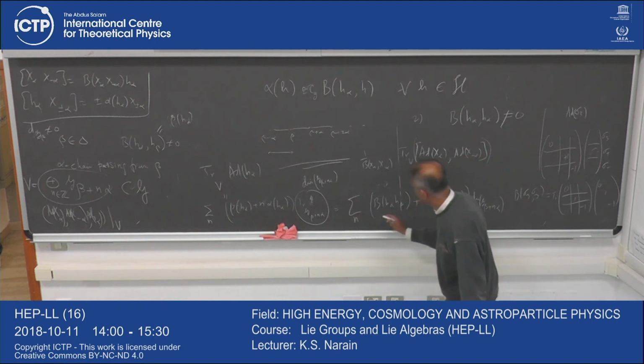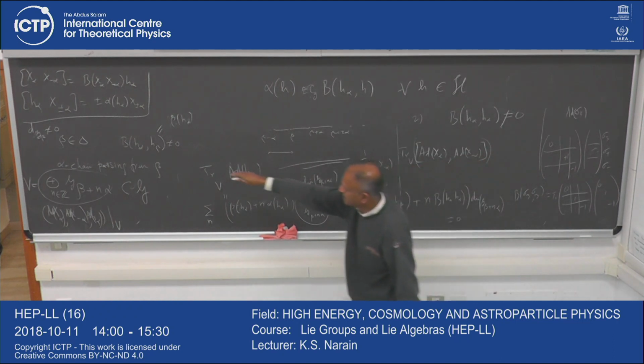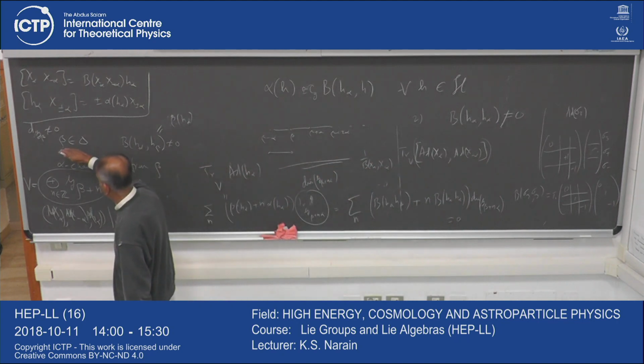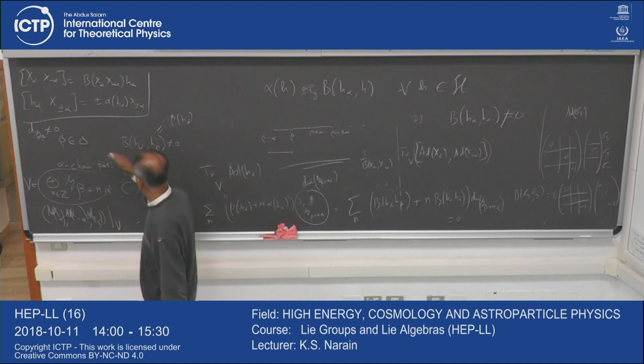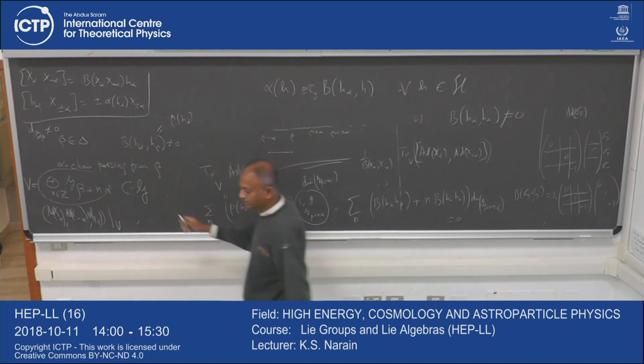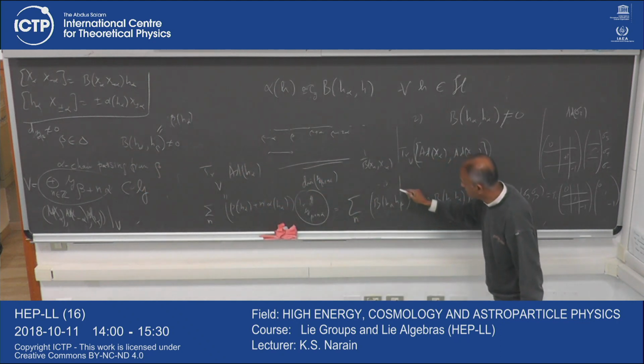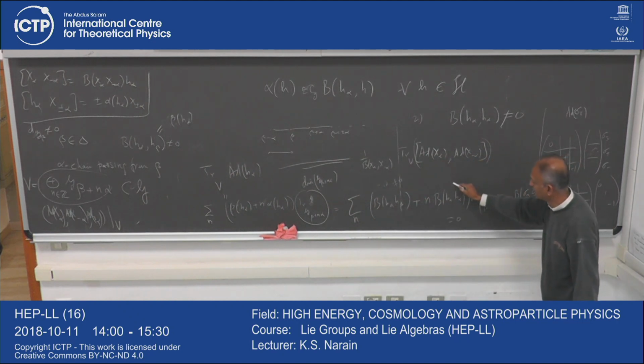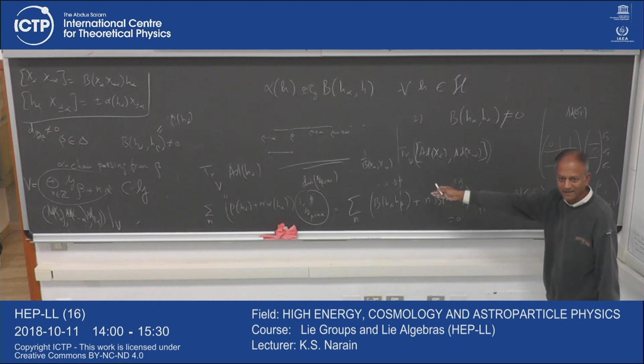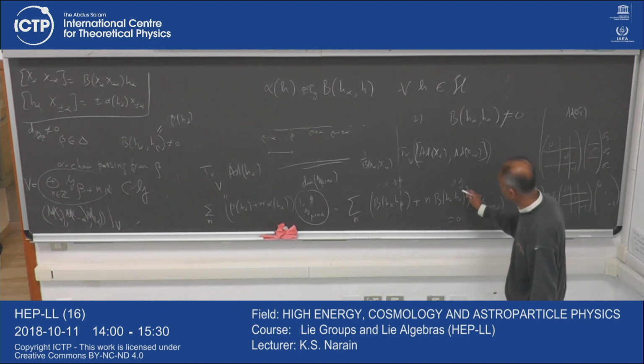But this is a sum over n. This is certainly not 0 because by construction I have chosen a beta, and I'm guaranteed such a beta exists, such that this is not 0. So by the starting assumption itself, this is not 0. So how can this be 0? If this was not 0, there is no way I could make it vanish. So that is why it proves that this cannot be 0.